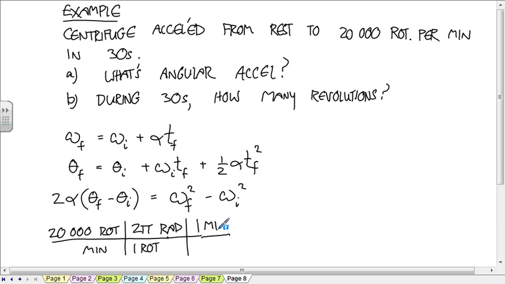And 1 minute is 60 seconds. And so you get an angular velocity of 2,094.4 radians per second.